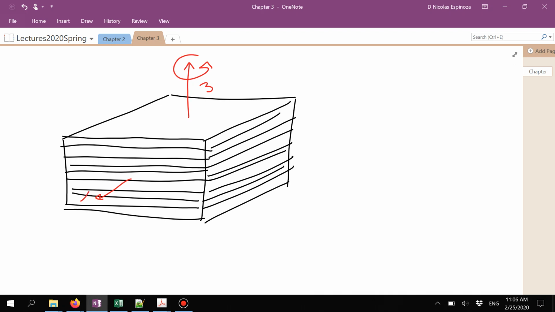This should be direction 1, and this one should be direction 2.